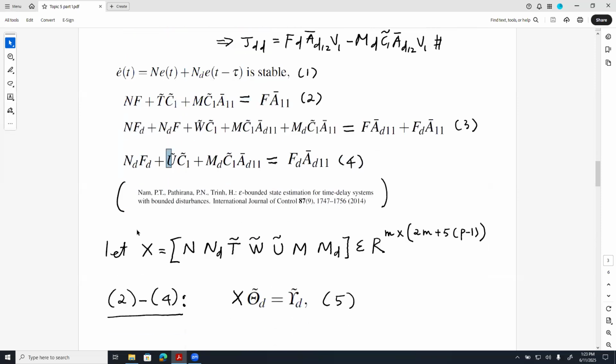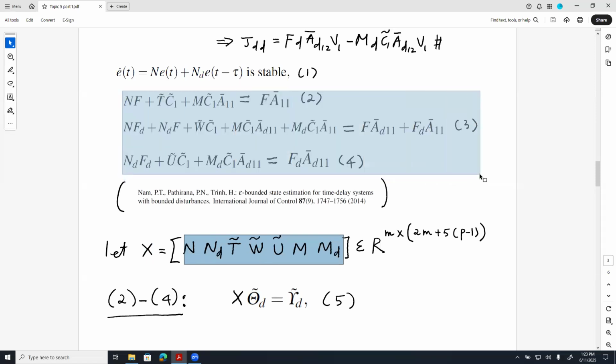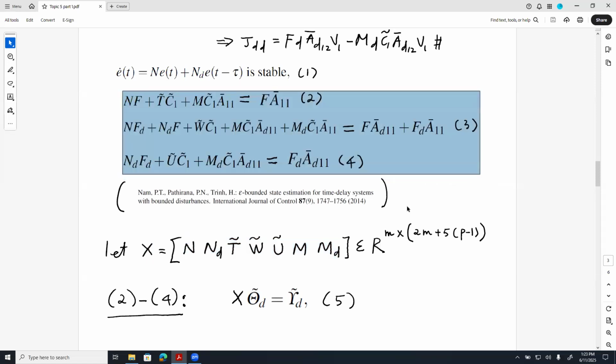That's where we define a matrix X, containing all of these unknown matrices, which come from these three coupled matrix equations.